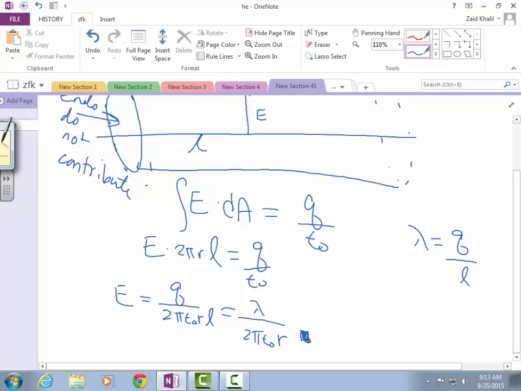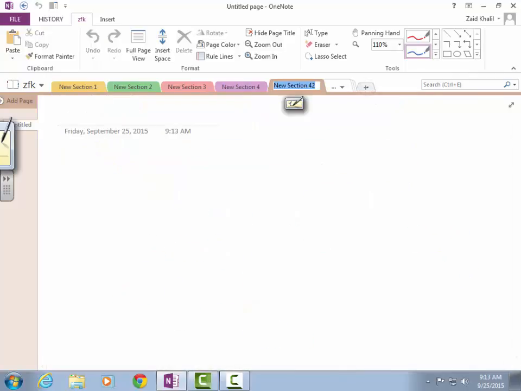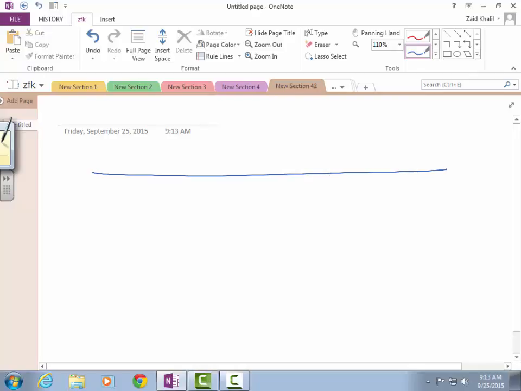If this was a cylinder, that's a good question. If it was a cylinder, what would you have to do? Can you say that every point of L would be a disk, and then the charge could be calculated from the center? Okay, so let's suppose it's an infinitely long cylinder.